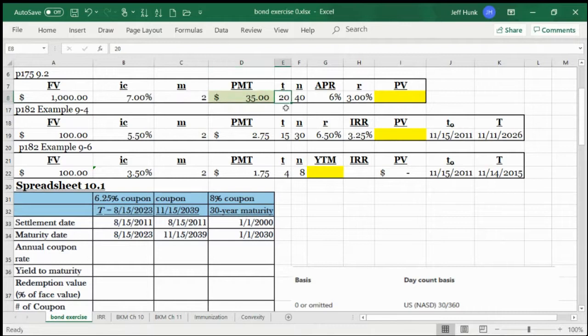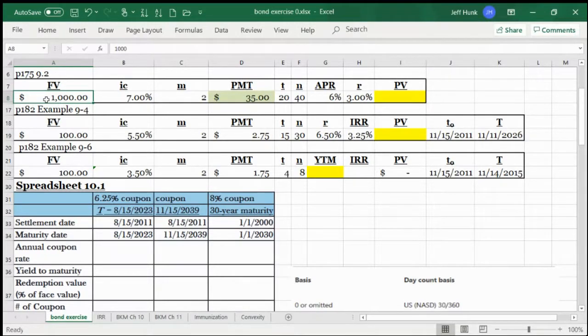Think about it: coupon rate must be given as an initial condition, right? Compounding frequency must be given as an initial condition, but these two are relatively already given.